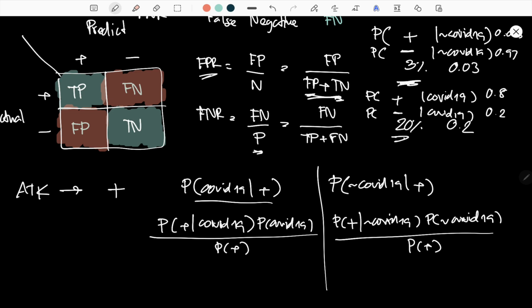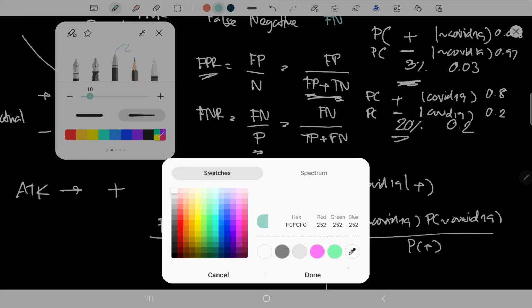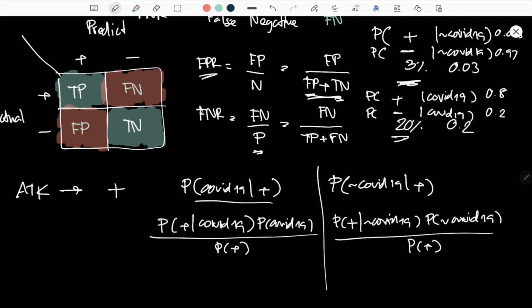So in the case that COVID-19, I will label it using this color. Okay, so this part is here.